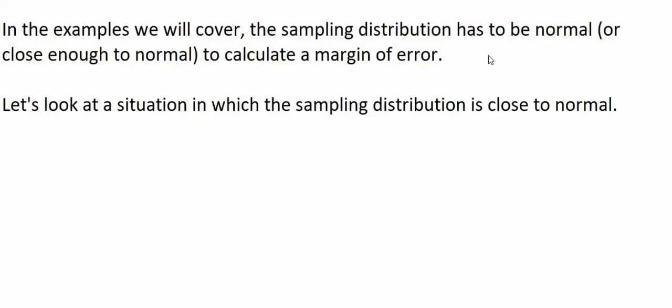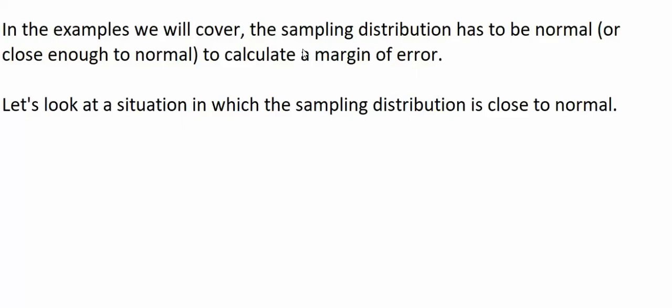And if the checklist didn't check off, the problem couldn't be solved. And when we get into calculating the margin of error, that checklist is going to show up again. We're going to have to go through a checklist to see if the sampling distribution is normal or close to it. And if it's not, then we can't calculate the margin of error.